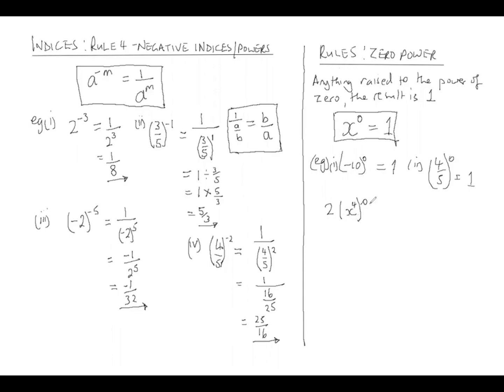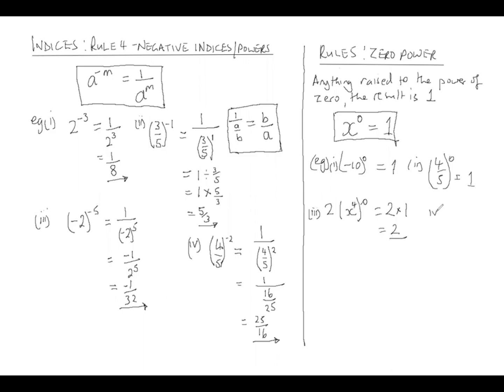This 0 does not affect 2 in any way. So this is the same as saying 2 times x to the power 4 to the power 0. Because this whole thing has been raised to the power 0, the whole thing is just 1. Okay, so the answer is 2.